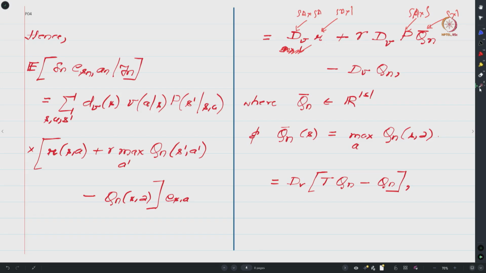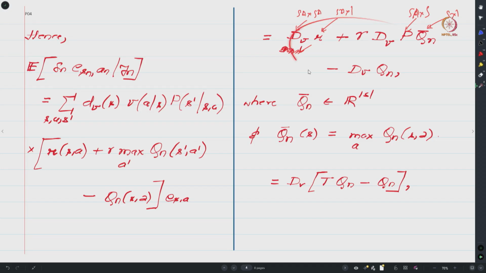So I will explain what these things are. q bar n in particular, if you look at the Sth coordinate of q bar n, this will basically be max over a of qn SA. So this is the interpretation of q bar n. q bar n is an S dimensional vector, cardinality of the state space dimensional vector, and the little Sth coordinate of q bar is the max over a of qn of SA.